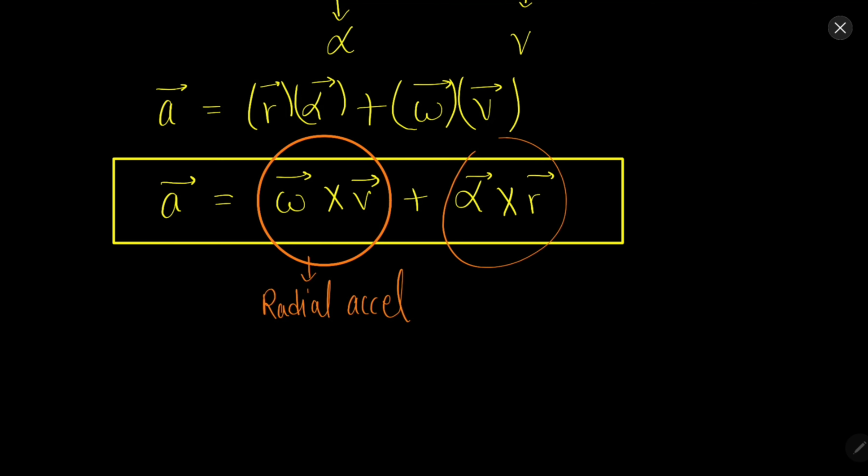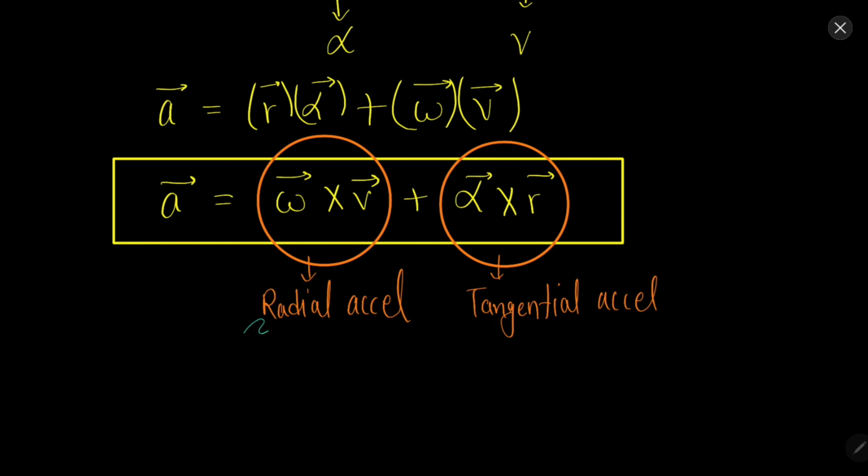And what will be the tangential component? This will be the tangential component of acceleration. Now the radial component is also sometimes called centripetal acceleration, and the tangential acceleration is sometimes called the transverse acceleration.